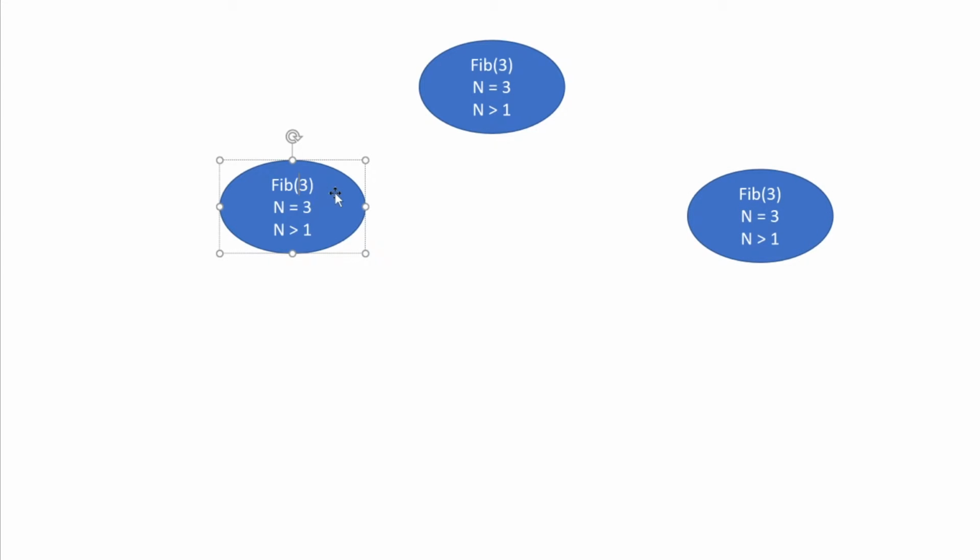We call n minus 1 to 2, n equals 2, n is greater than 1, and we call fib of 1, n equals 1. So n is less than or equal to 1, which means we return 1.